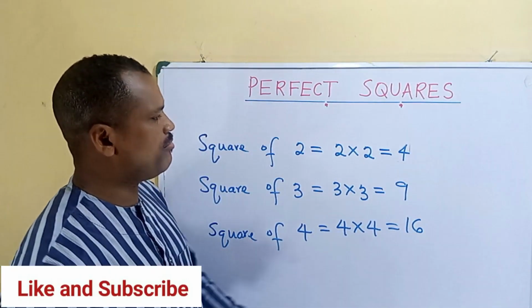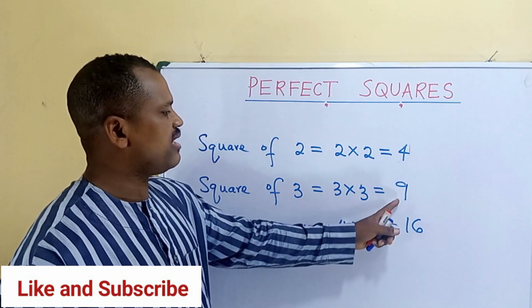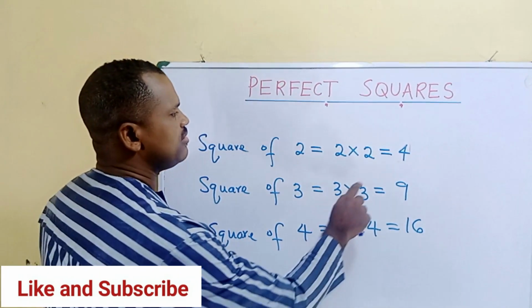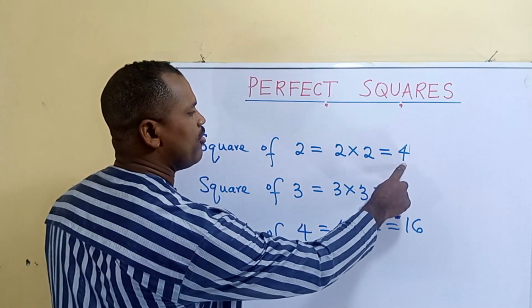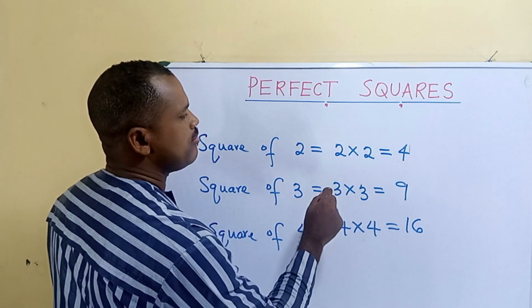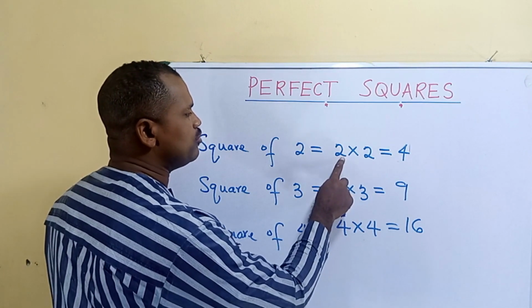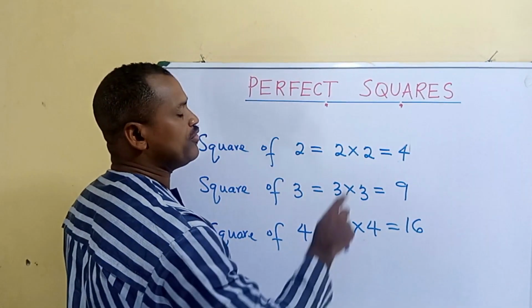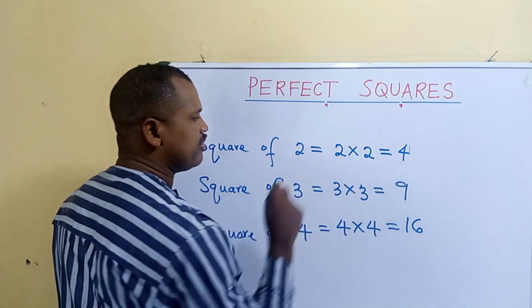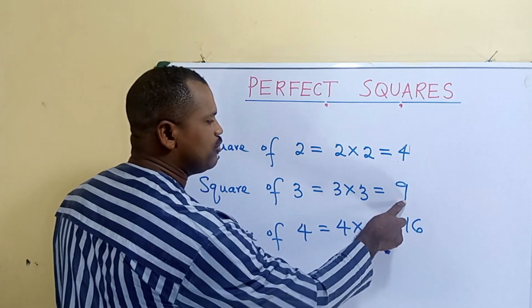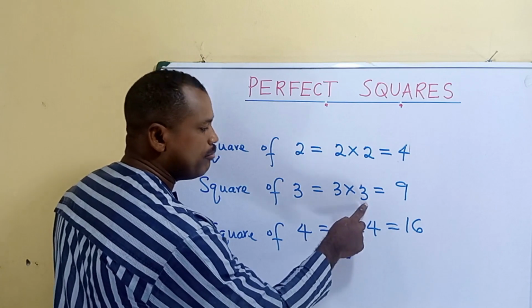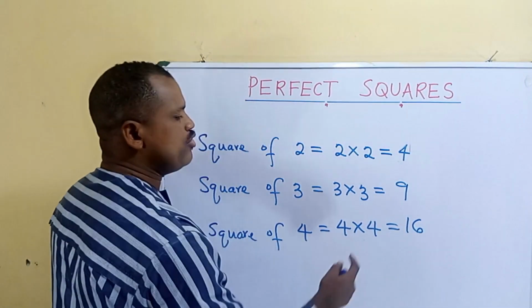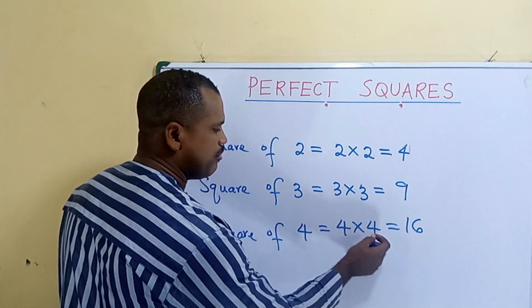Now, if you look at these numbers, 4, 9, and 16, you notice that 4 is obtained when you multiply 2, a whole number, by itself. So for that reason, 4 is a perfect square. 9 also is obtained when you multiply a whole number by itself. 16 is obtained when you multiply a whole number, 4, by itself.